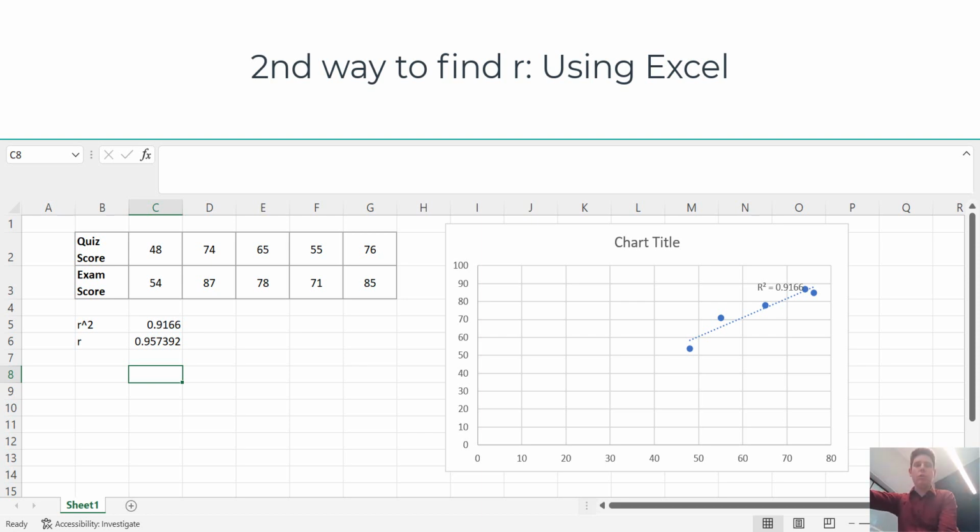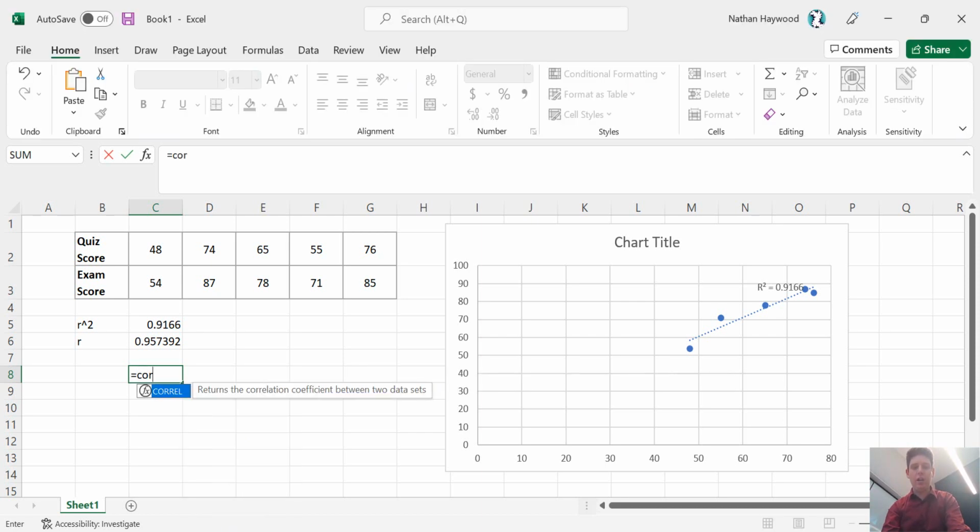Okay, second way. Very easy. Instead of doing all of that, you just go equals CORREL bracket. Do it with me, please. Select the first group of data. Type a, what is it called? Comma. Sorry, you can tell I'm a math teacher.